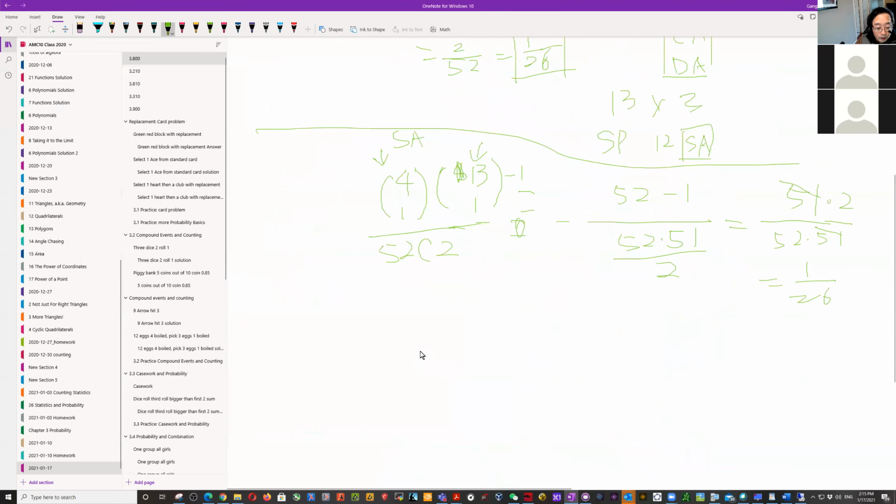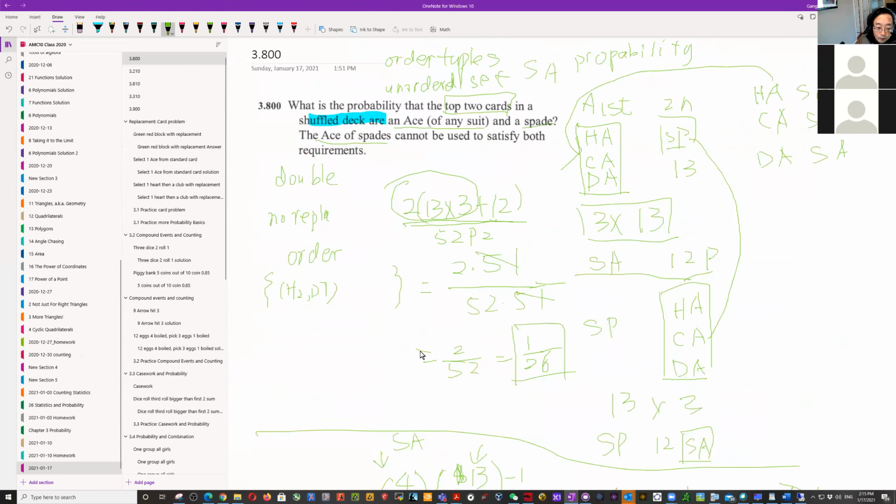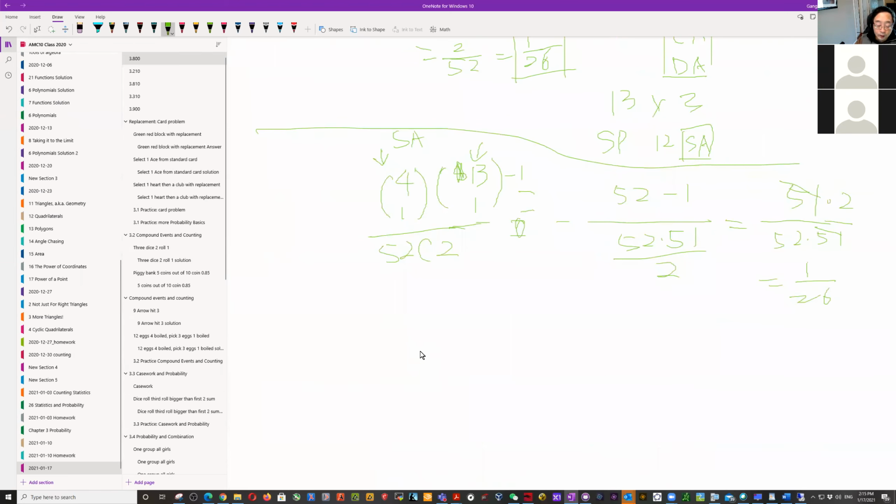So basically, we are choosing a heart or choosing a spade. Choosing a spade is 1 out of 4.